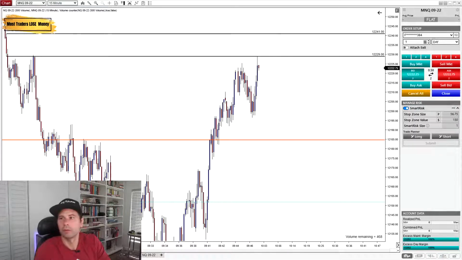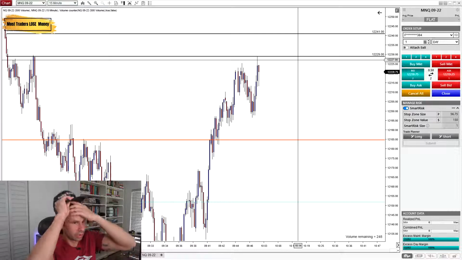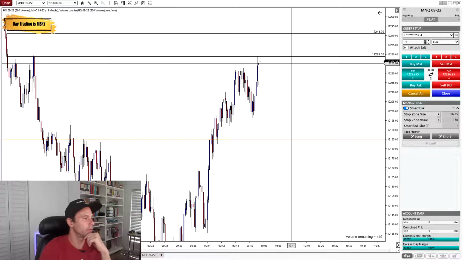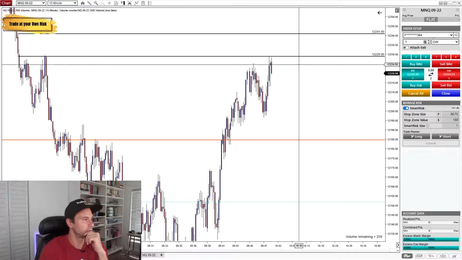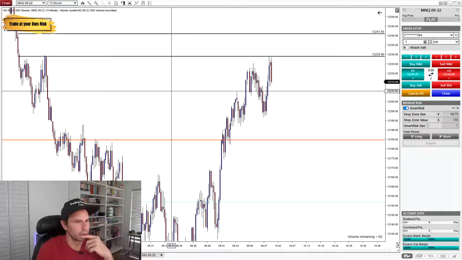All right, so we're finally testing this. 29. ADQD, even though it's going up, I still consider this a setup. The tick chart is a little bit weird.